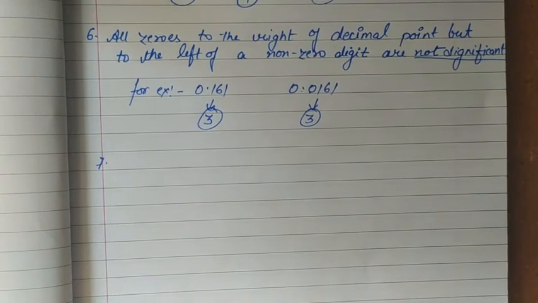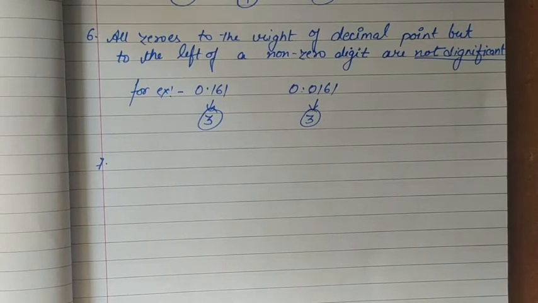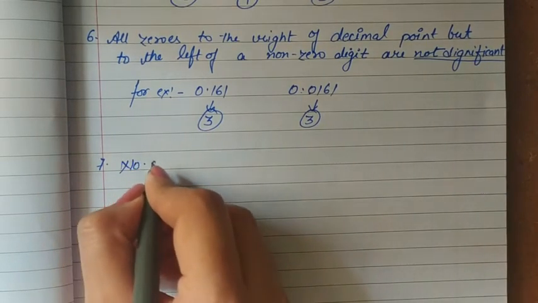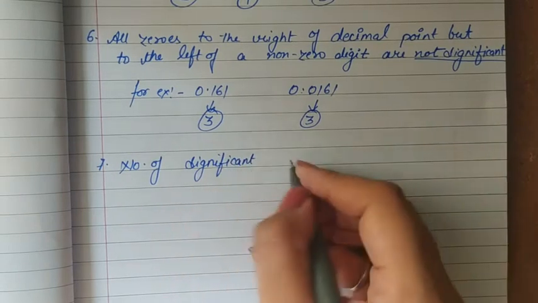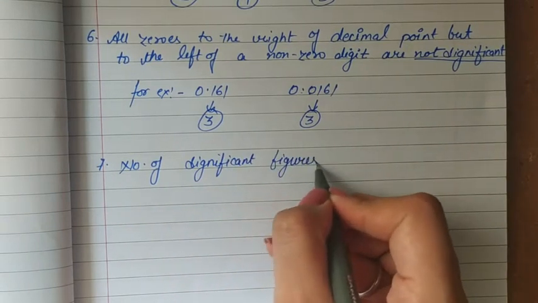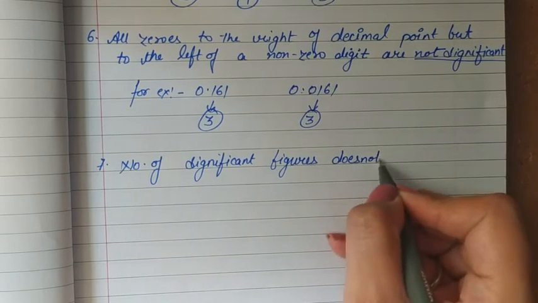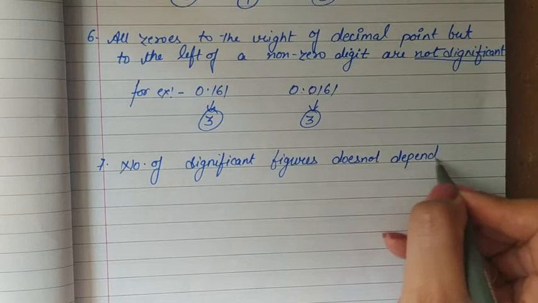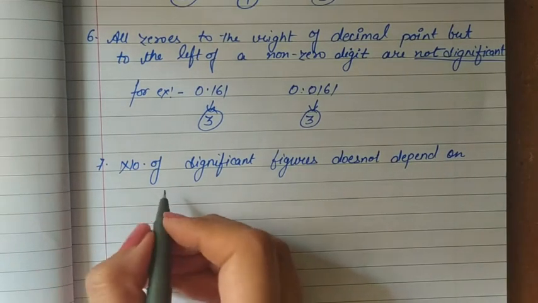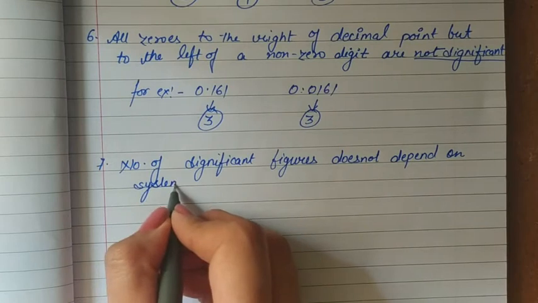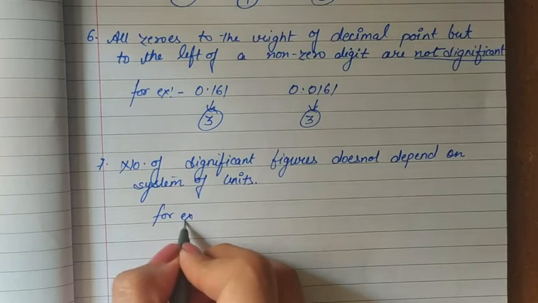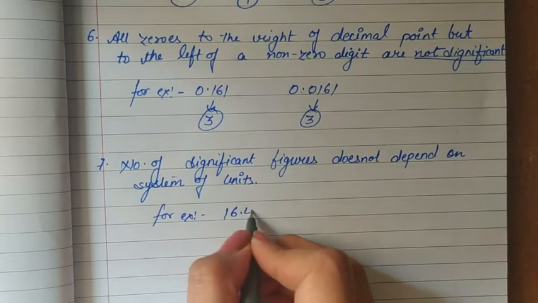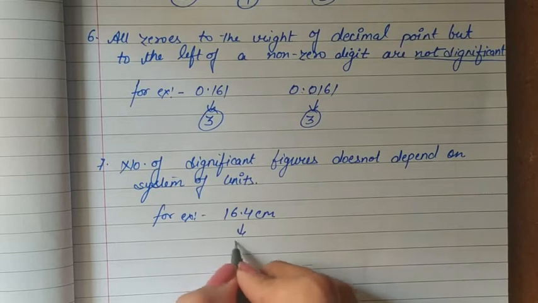Number 7: the number of significant figures does not depend on the system of units, right? For example, if I write 16.4 centimeter, it has 3 significant digits.